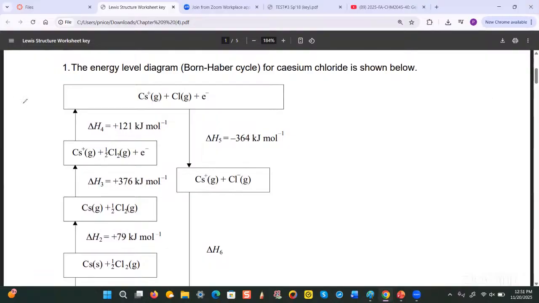And of course, for the chlorine to go to the chloride, it must gain an electron. So the chlorine gains the electron to form the chloride ion. So what do we call this particular change in energy, when you have a gaseous atom gaining an electron to form the gaseous ion? What do we call them?